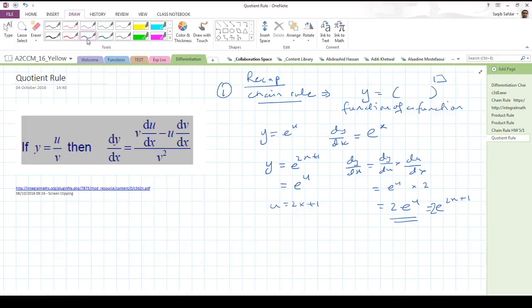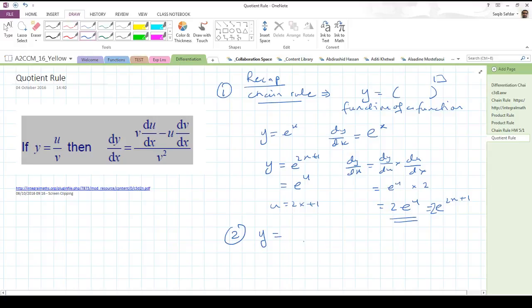Now the other thing is, we also did the product rule. Okay, under what conditions, how does that work then? Alright, y equals what times what?